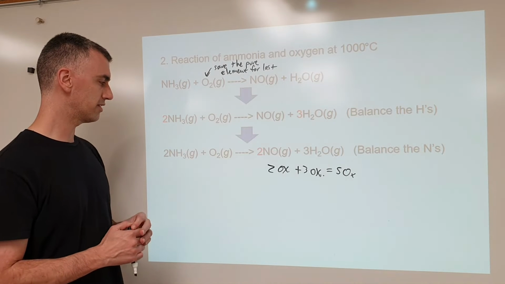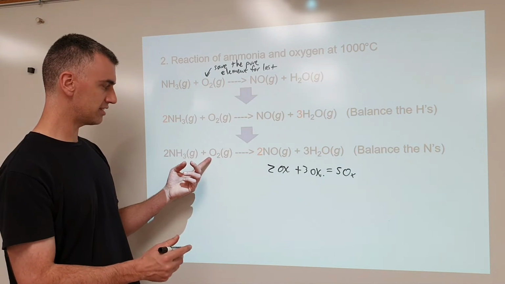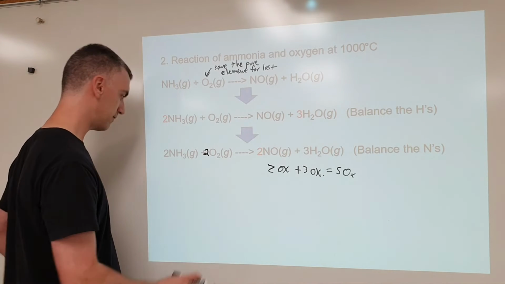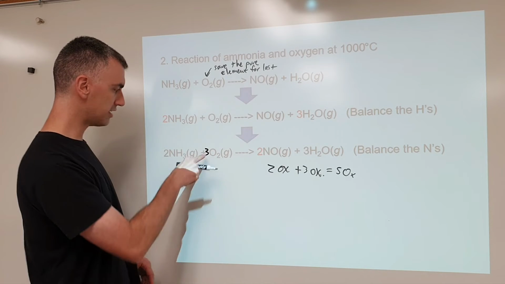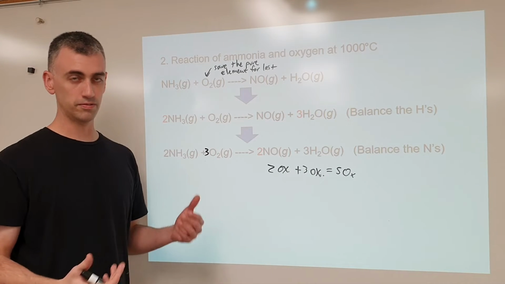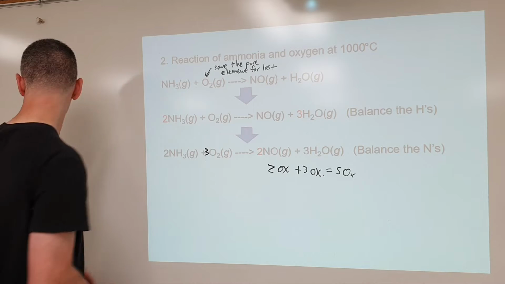Okay, I have to think. Well, if I have 1 of these, that's 2 oxygens. If I have 2 of these, that's 4 oxygens. If I have 3 of these, that's 6 oxygens. So 2 of these molecules is too few, 3 of these molecules is too many. So I need something in between.